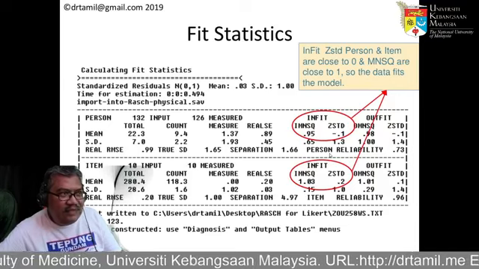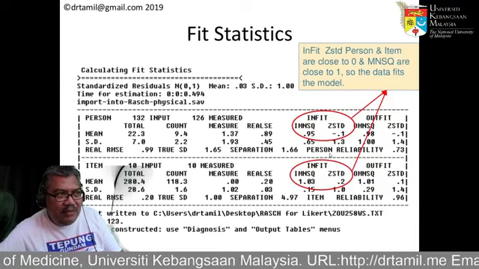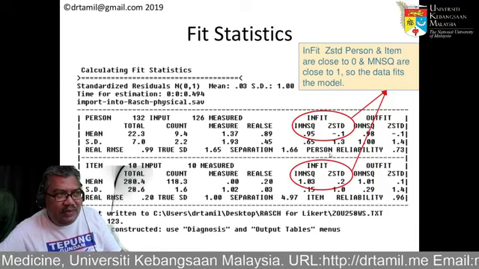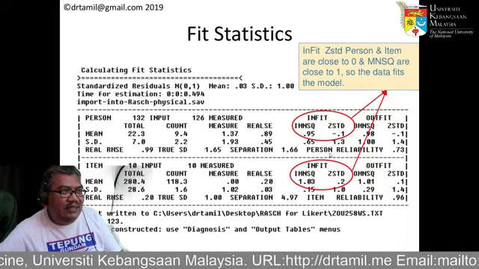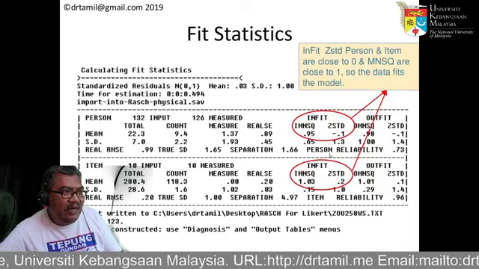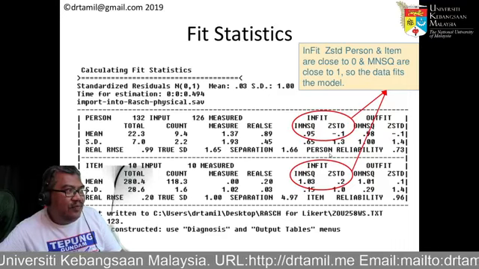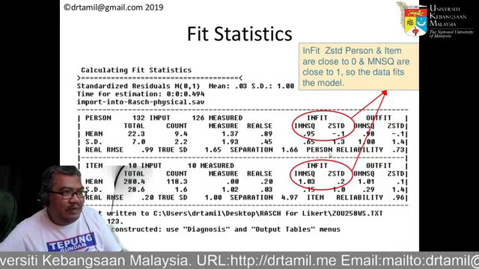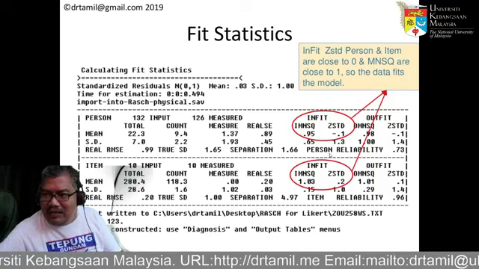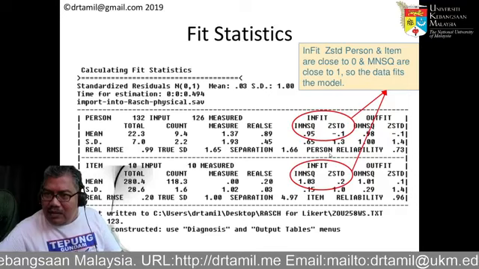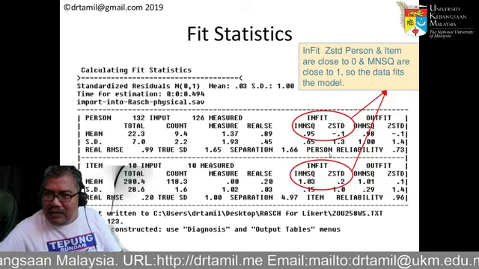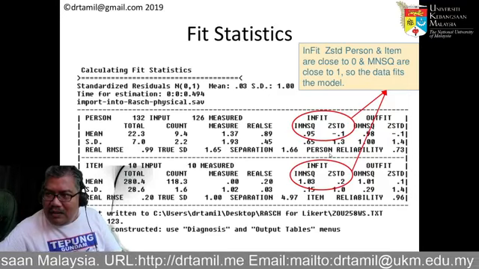You look at the value: the infit mean square is 0.95, which is close to 1, so we are okay. The ZSTD is close to 0. So for both the person and item, they are both okay, close to 1 and 0. That is how we look at it.